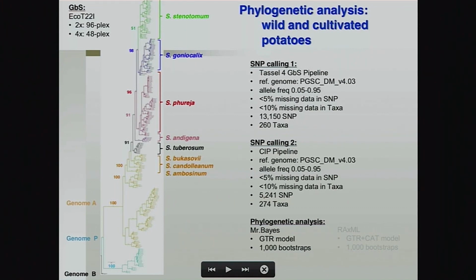Here, Stenotomum, Goniocalyx, Curtilobum, Ajanhuiri and Tuberosum are all cultivated species. From here to here are all wild species. And you see that Bukasovii, Candolleanum and Ambosinum all cluster with the cultivated potato. So now we have more insight into whether those species are the progenitors, and right now we want to use more accessions from those species, because here we have only a few.